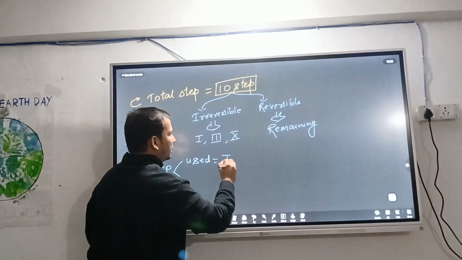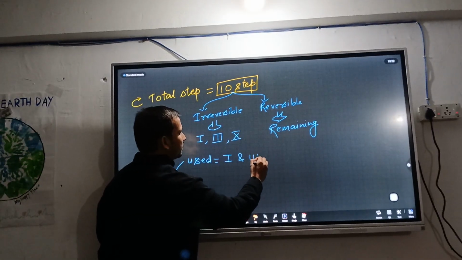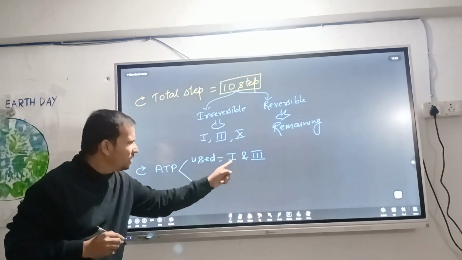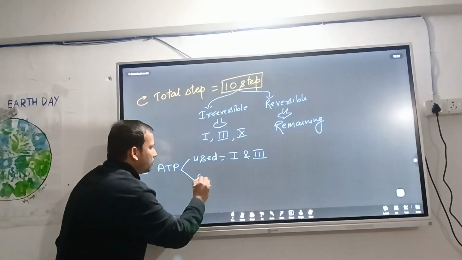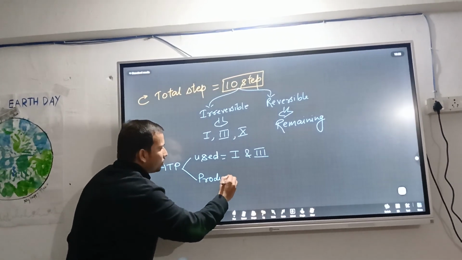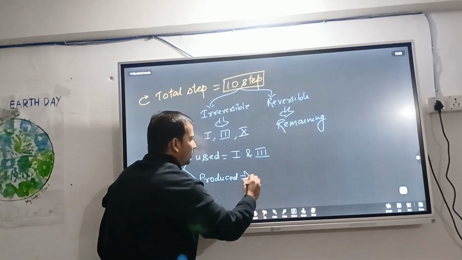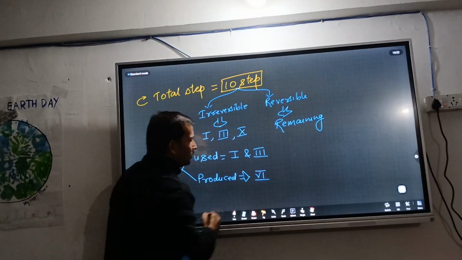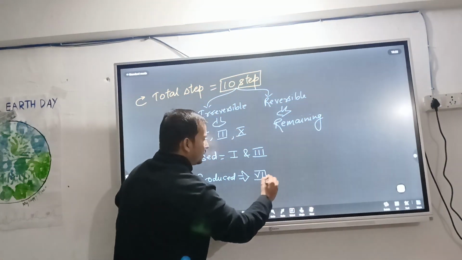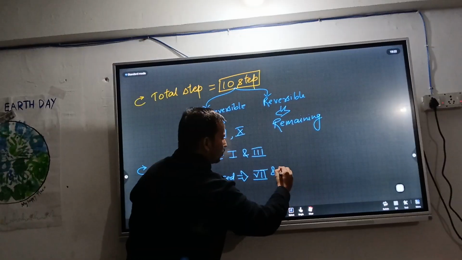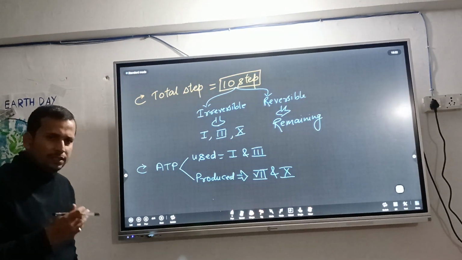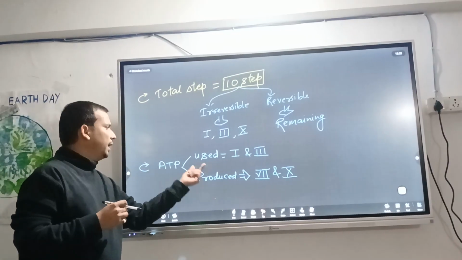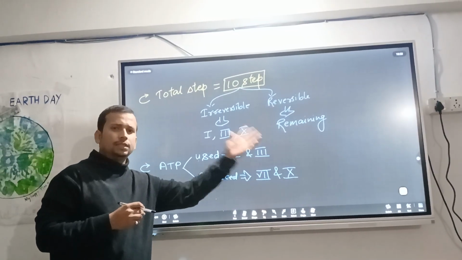It is used in reaction first and third, the first step and the third step. And where is ATP produced? It is produced in the 7th step and the 10th step.